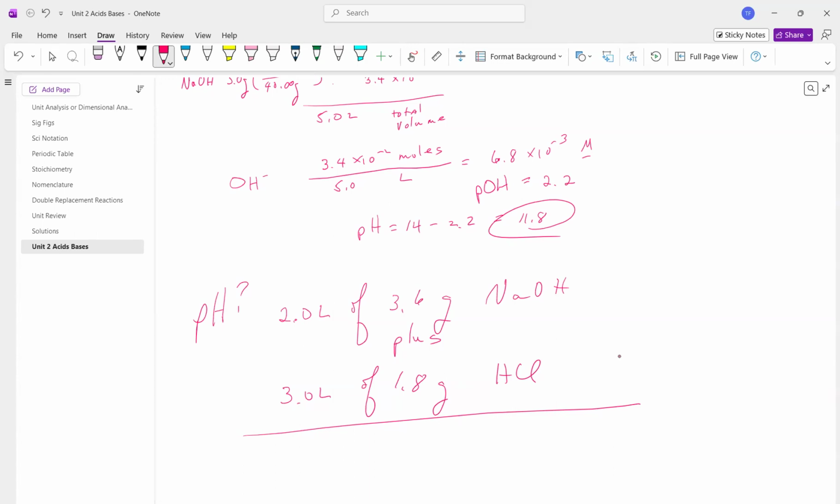What's your access to 14? What's that? 3.2.